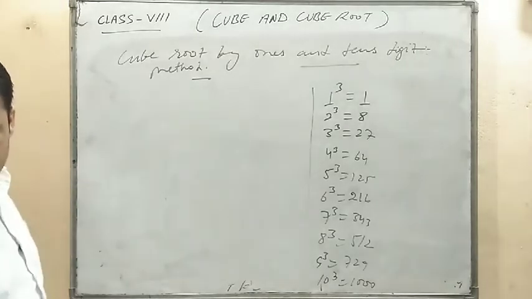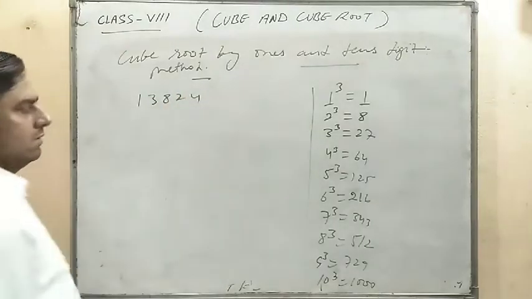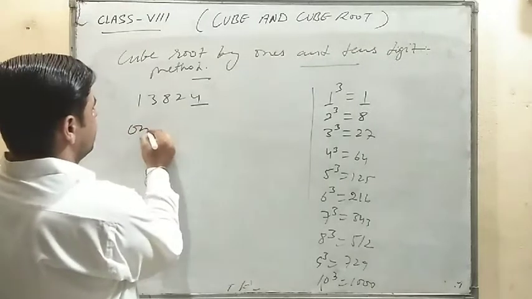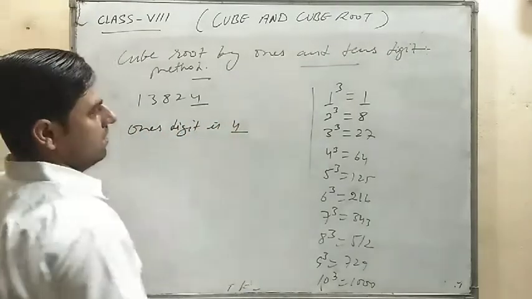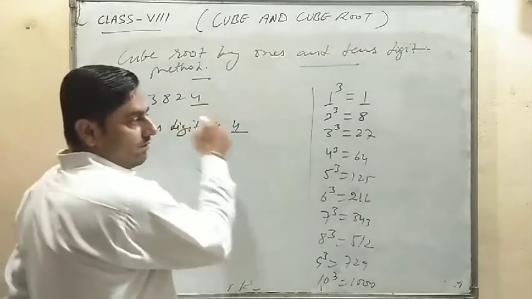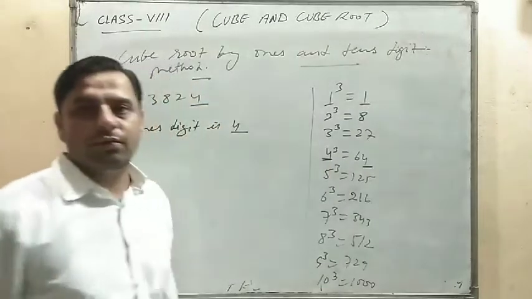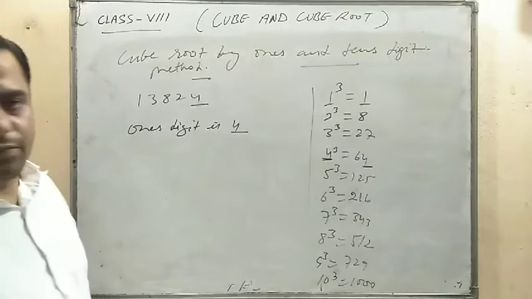Suppose one number is 13824. Here the ones digit is 4. So the unit place of the cube root should be 4.